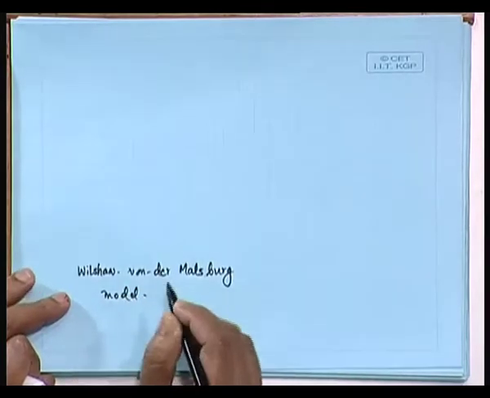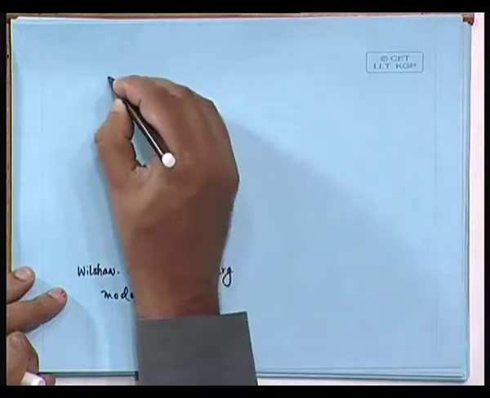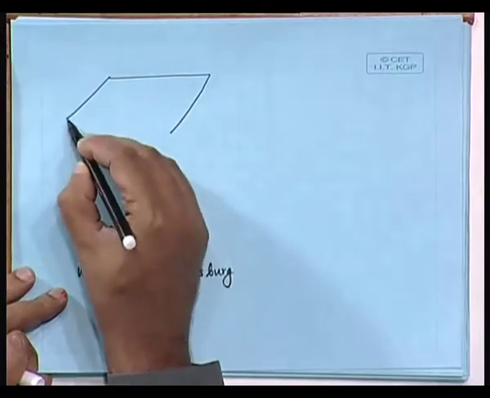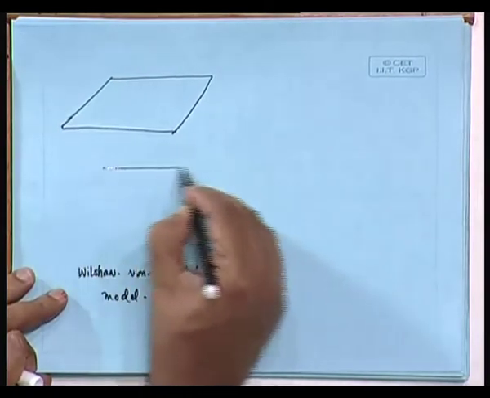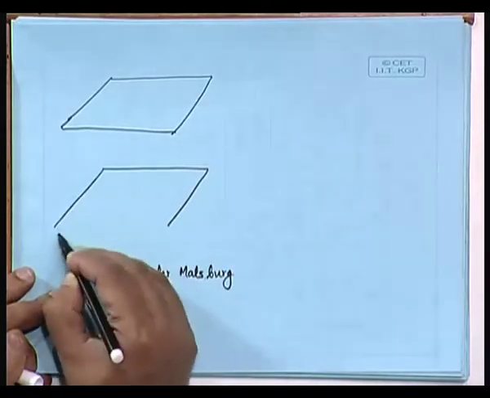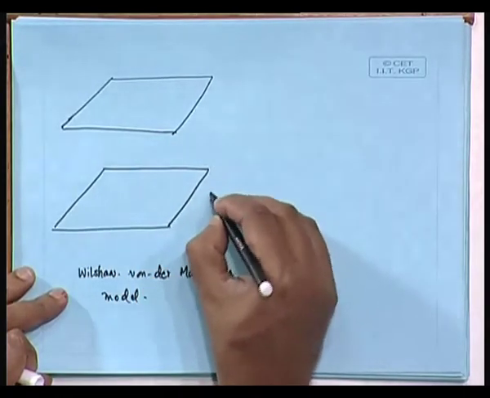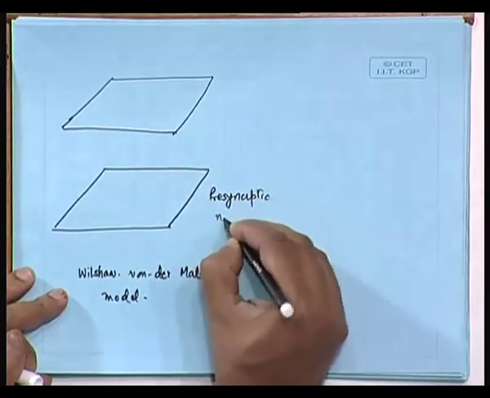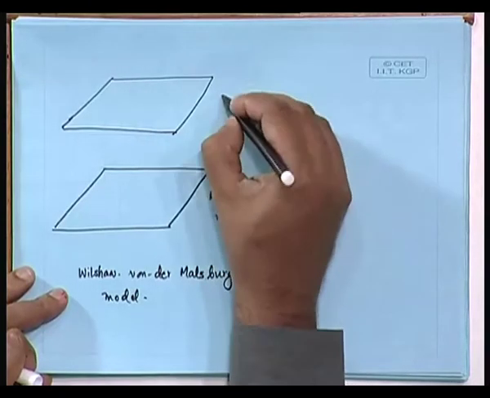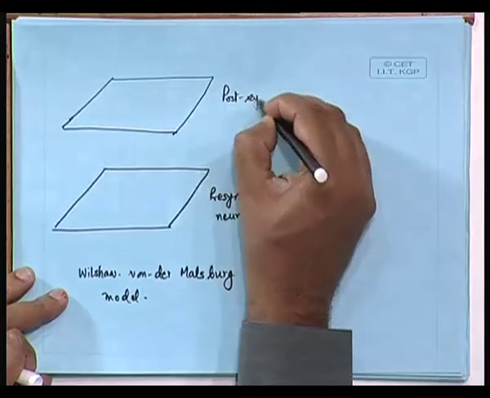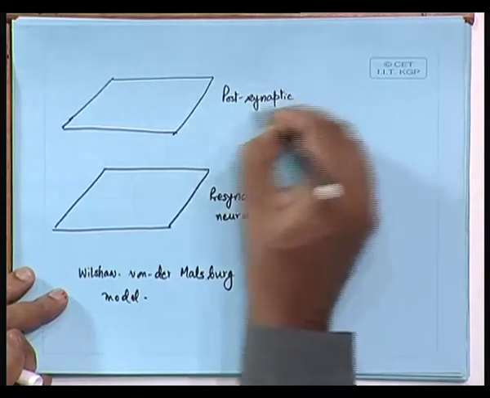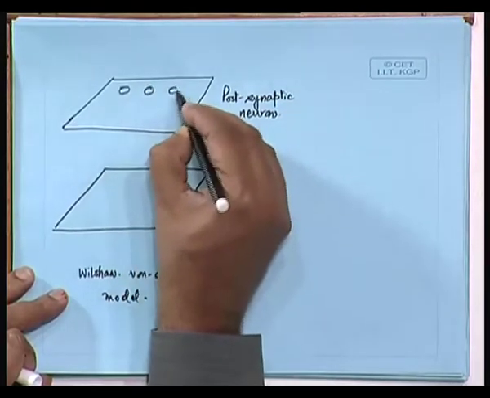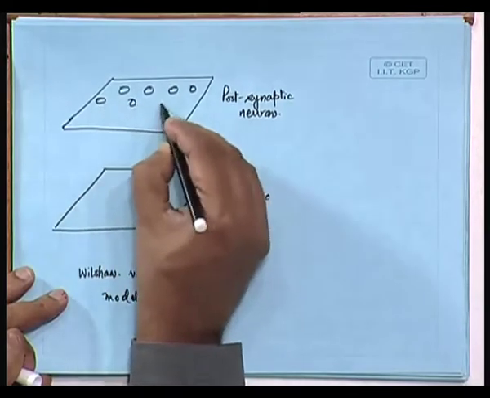Now, here the structure is like this: we will be having an array of presynaptic neurons and an array of postsynaptic neurons. So, let us draw two arrays. This is an array of presynaptic neurons, and this is the array of postsynaptic neurons. And here these are the elements of the array.